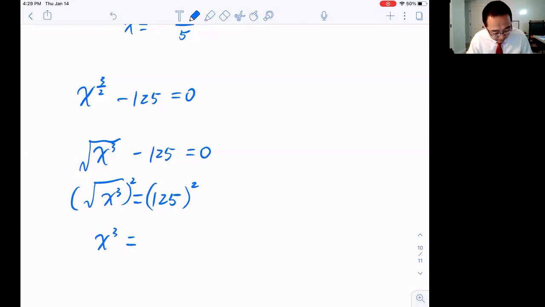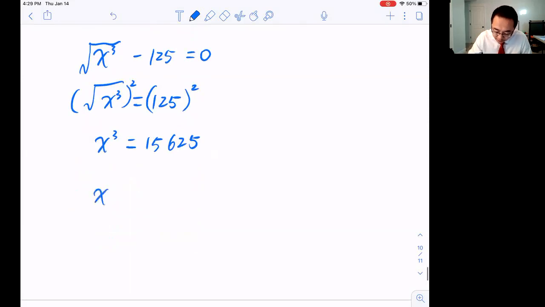So let's see. 125 squared is 15,625. Now you can solve this by taking the cube root, or the third root, of both sides.